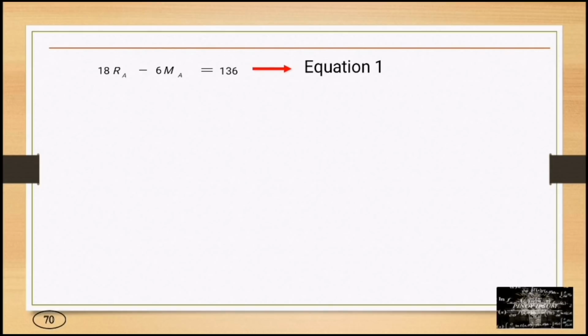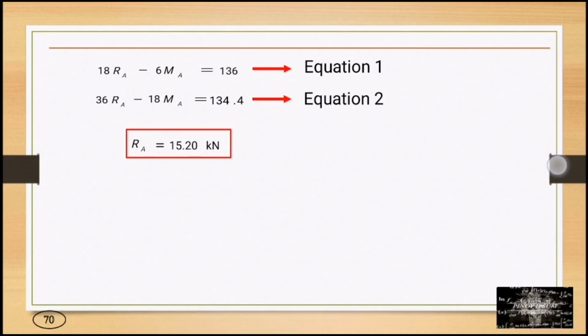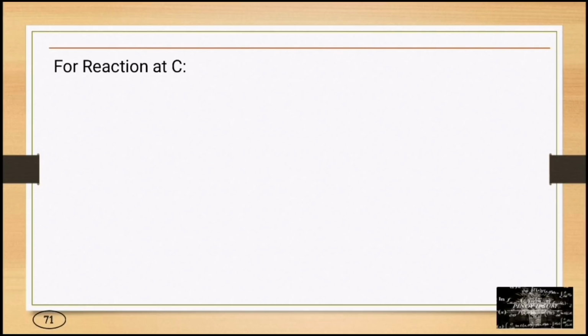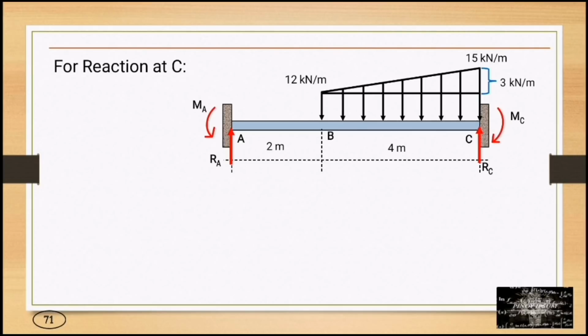Now, for this summary of equations, so equation 1 and equation 2, using calculator, so yung RA is equal to 15.20 kilonewtons. Yung MA is equal to 22.933 kilonewton meter. Okay? For reaction at C, so balik tayo sa original beam.